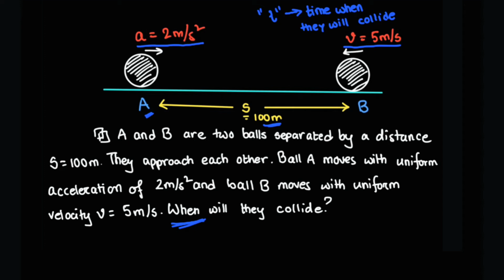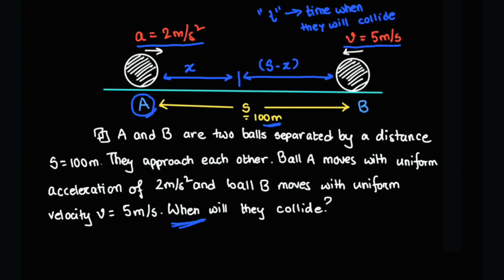And the place that they will collide, let's say from ball A, it is at a distance x. So the rest of the distance here, it can be said that this is s minus x.